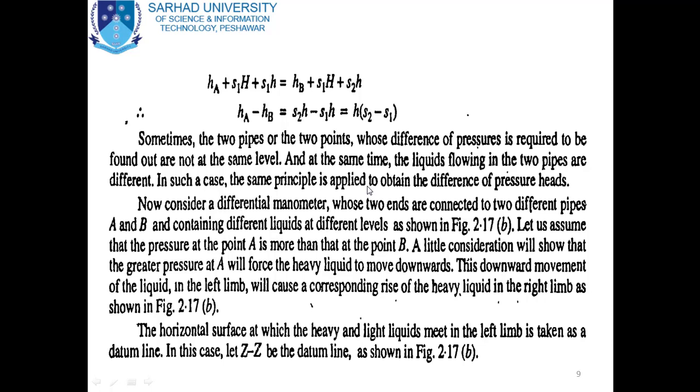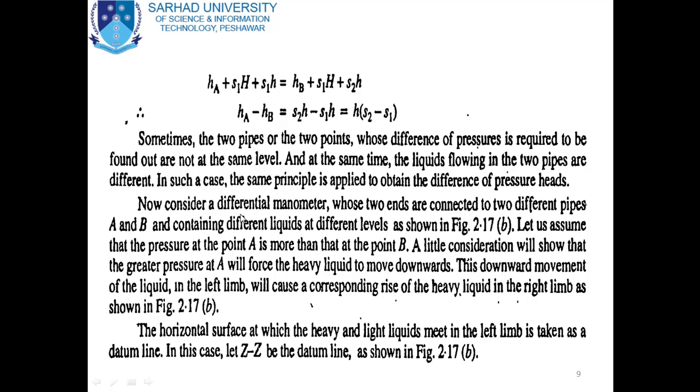In the second case, we have 2 different points whose levels are also different, and also the liquid flowing in these 2 points is different. So the principle is the same as in the above case.